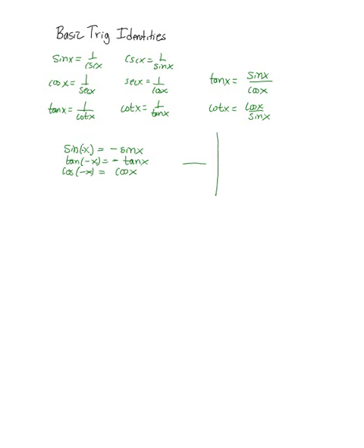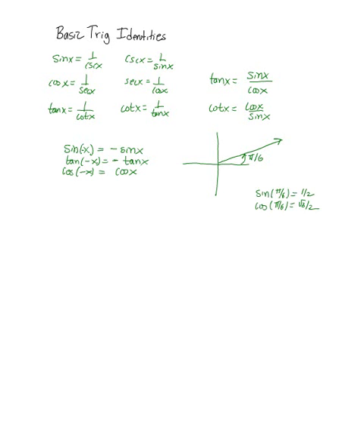Let's say I had this angle is pi over 6. We go to that table that we've memorized. We know that sine of pi over 6 is a half, and cosine of pi over 6 is square root of 3 over 2.